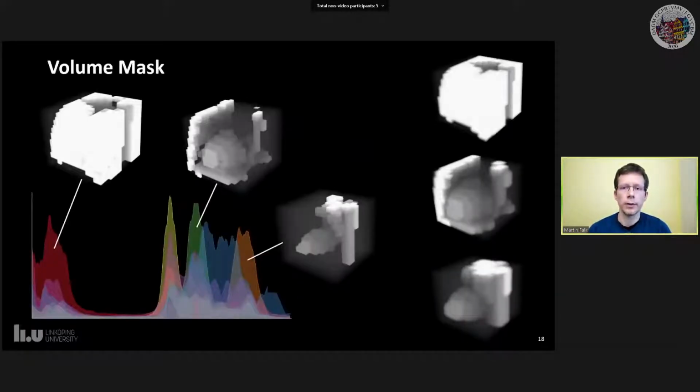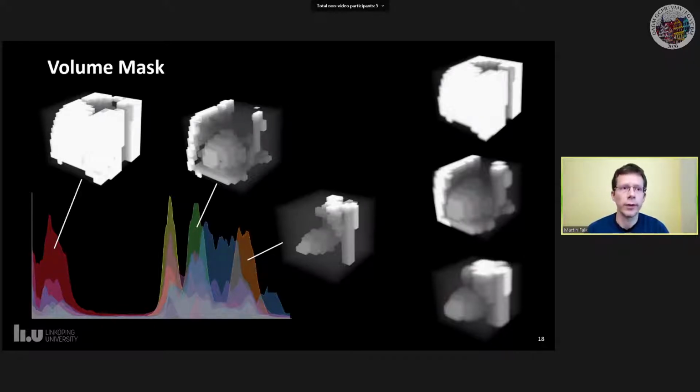Assuming we have a selection of frequency distributions, for example the red cluster resulting in this mask, the green cluster in such a mask, and so on. We have a binary mask. Since each of these frequency distributions or features still refers back to the 3D space, we can select the entire block.